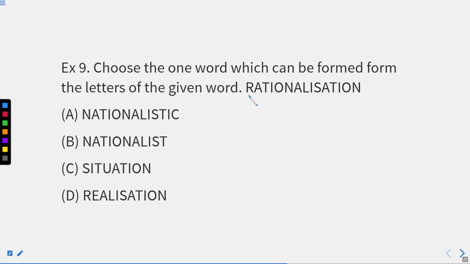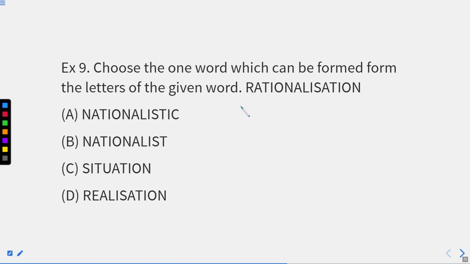Here, look at each and every alphabet very carefully. As soon as you are able to figure out how many letters are there, how many letters are repeated, how many times they are repeated, you are able to figure out which of the following words can be formed using the alphabets of the word rationalization.